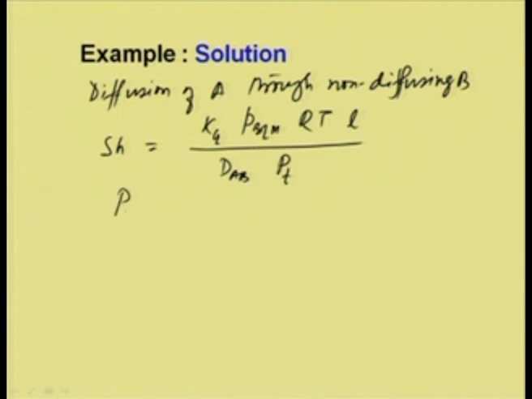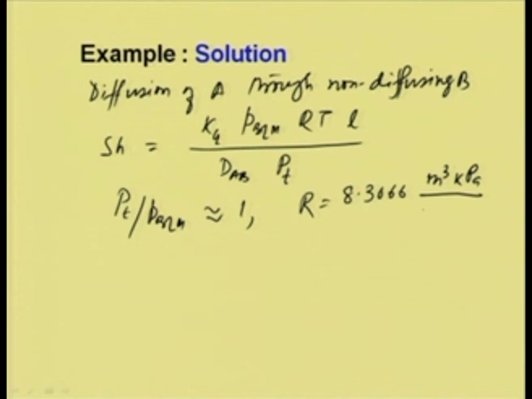So, P T by P BLM is approximately 1, R is equal to 8.3066 meter cube kilopascal per kmol Kelvin, and T is 318 Kelvin.